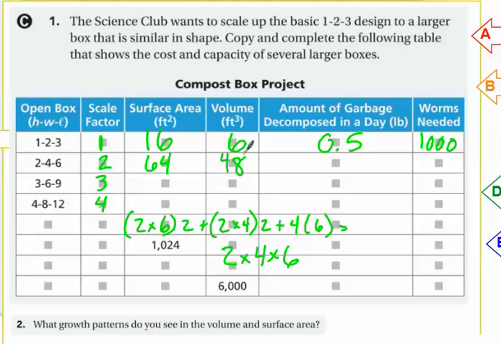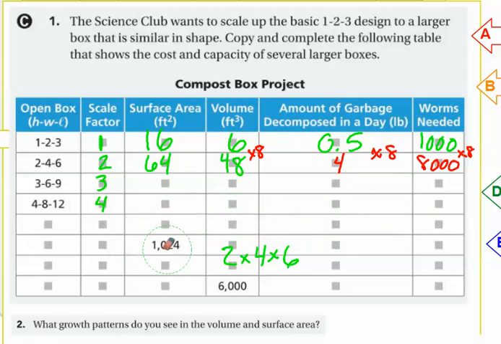What we saw in B was that as I increased the volume, the amount I increased the volume by was the amount that I increased the amount of compost by. So here I am increasing my volume by 8. Therefore I need to increase this by 8. 0.5 times 8 gives me 4. And I also need to increase my worms by 8, which gives me 8,000 worms.